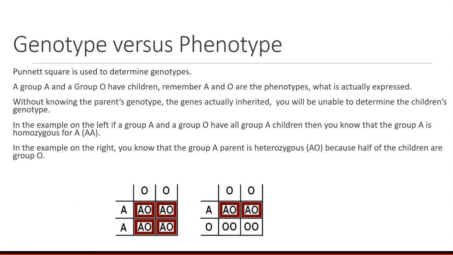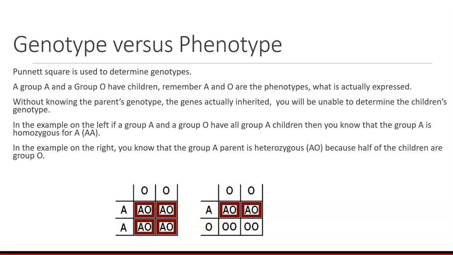Let's look at two examples using the Punnett squares to determine genotypes. A group A and a group O have children. Remember, A and O are the phenotypes, what is actually expressed on the cells. Without knowing the parent's genotype, the genes actually inherited, you'll be unable to determine the children's genotype. So let's take the two examples. On the example on the left, a group A and a group O have all group A children.